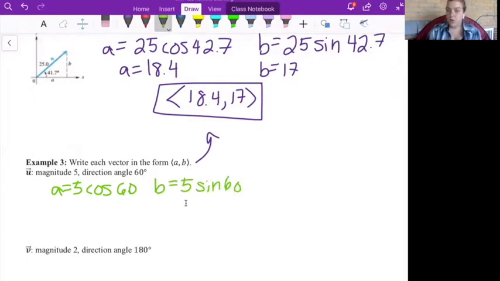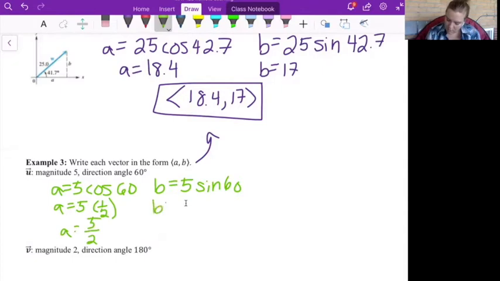Now, we know what the sine and cosine of 60 is without using our calculator, so we're going to use our unit circle to find the exact values for cosine of 60 and sine of 60. So then A is 5 times 1/2, or 5/2.